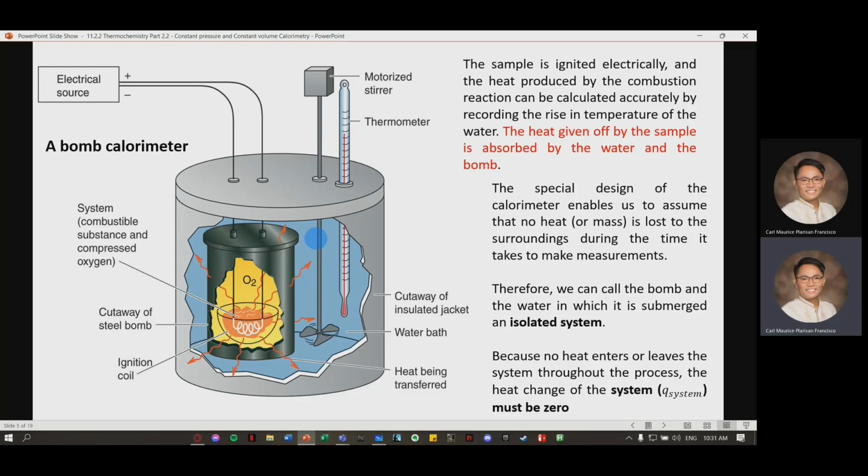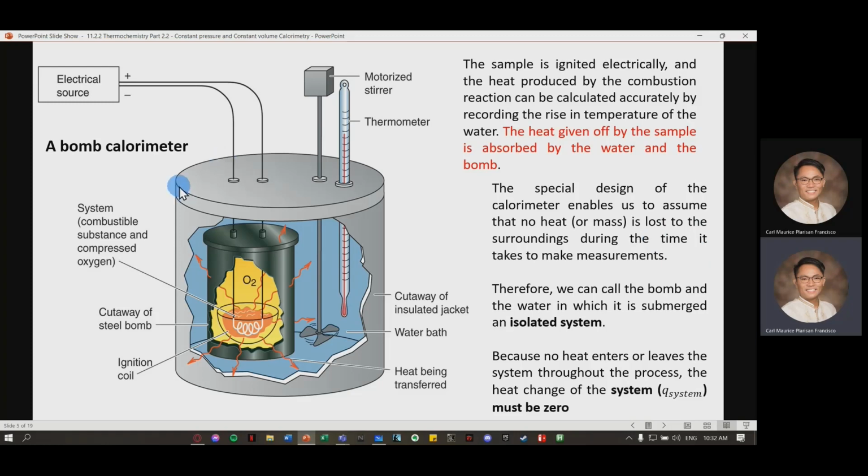So remember, it is not just the water that absorbs the heat coming from the combustion, but rather the calorimeter itself. The special design of the calorimeter enables us to assume that no heat or mass is lost during the time the measurement takes place.